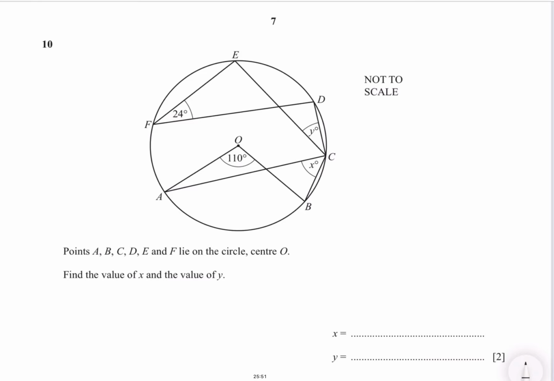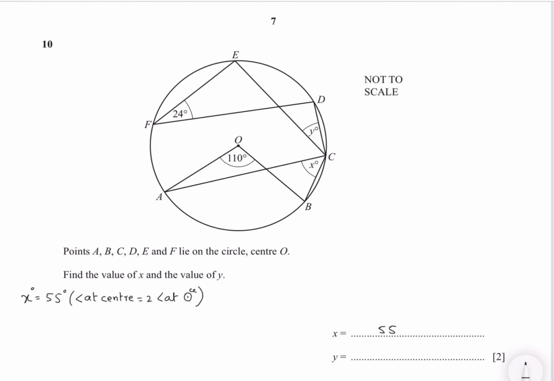If you have worked correctly on properties of circles and you remember the properties, you can notice that the angle at the center is twice the angle at the circumference subtended by the same arc. So half of 110 would be the value of x, which is 55. So you can write angle at center equals twice angle at circumference.